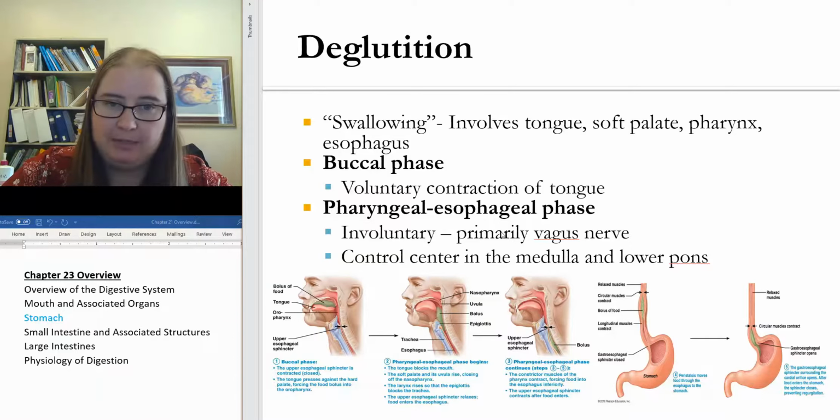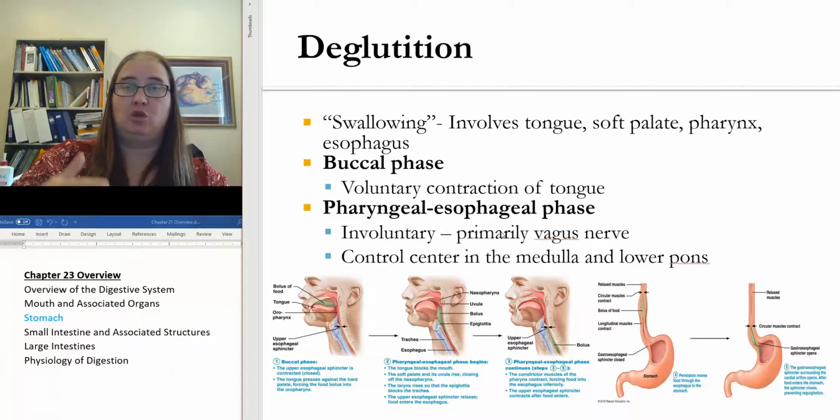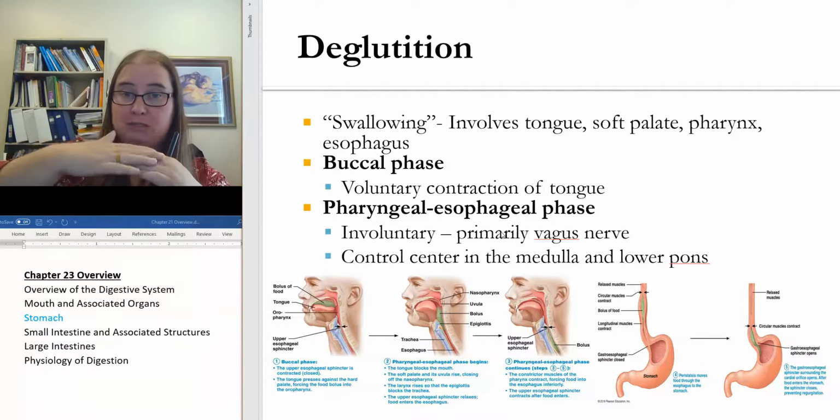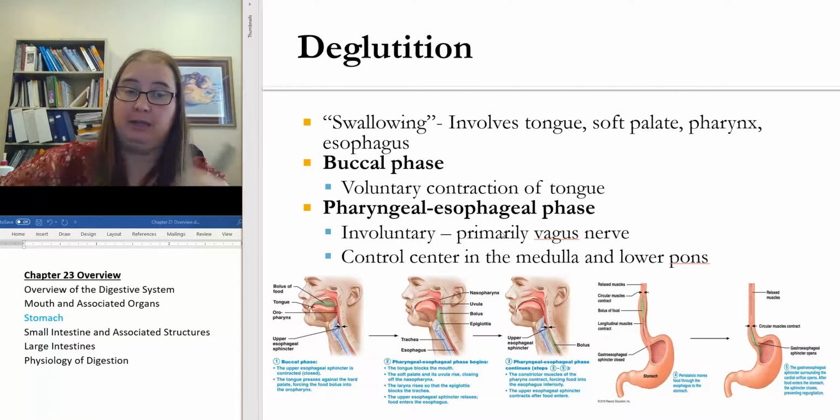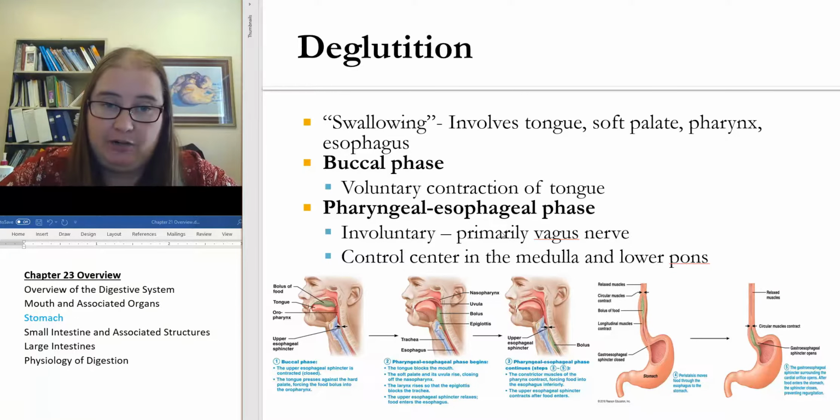The larynx will rise so that the epiglottis, which we talked about last week, blocks the flow into the trachea. So as the larynx rises, the epiglottis blocks off the trachea, so nothing can go down there.